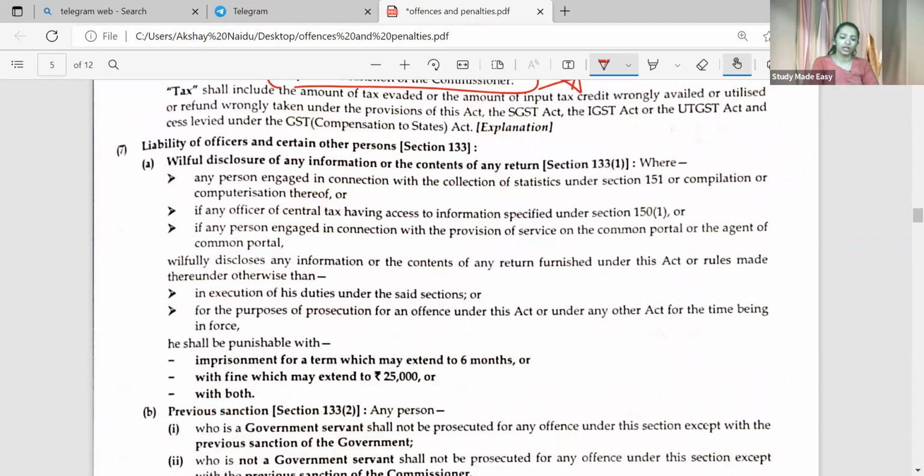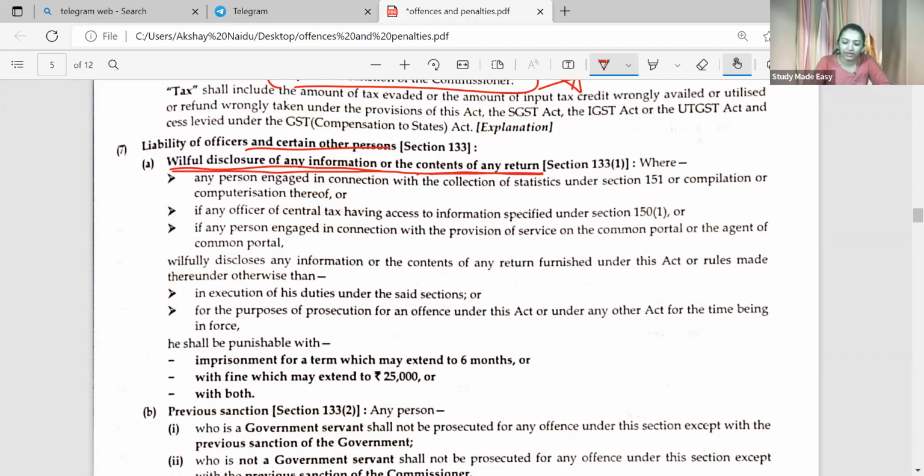Okay. Now, liability of officers and other persons. This is willful disclosure of any information. If someone comes forward, I willfully disclose every information. So where there is a willful disclosure of any person or content of any written, the other person is coming on their own.